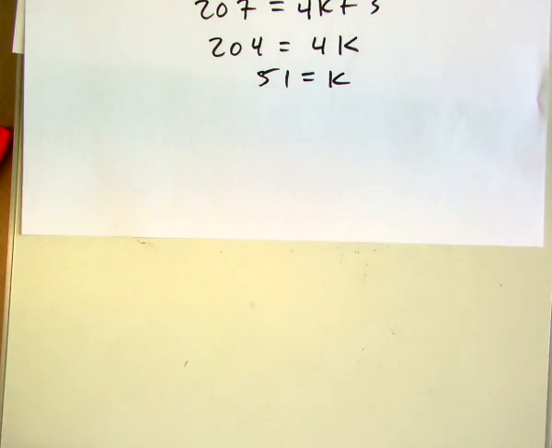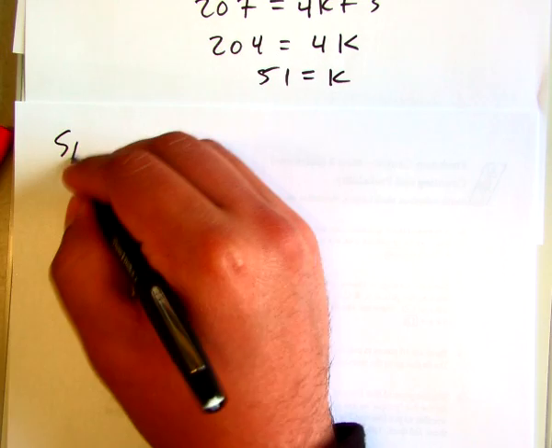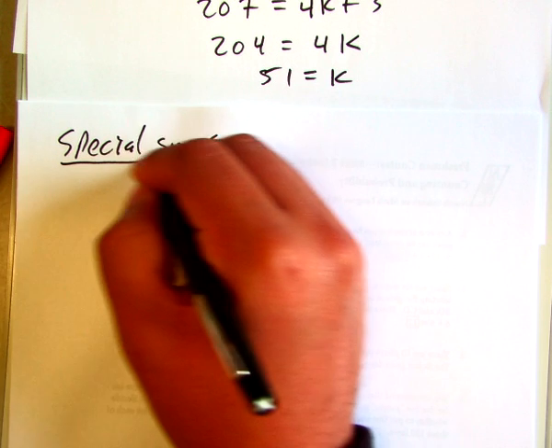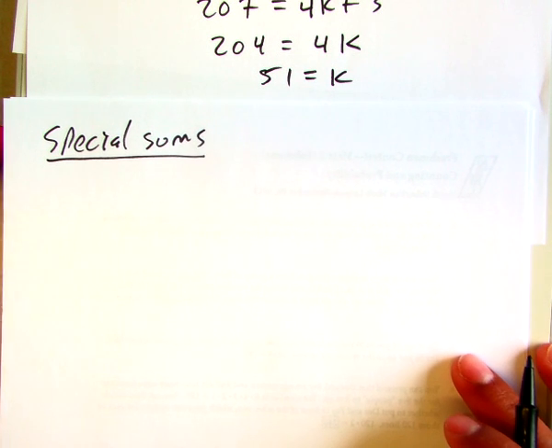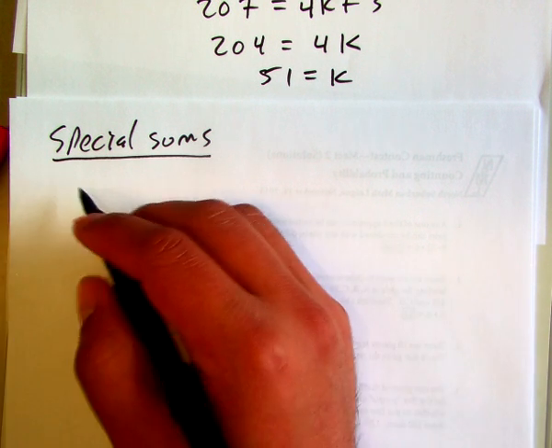I will ask you to learn some special sums, so I'll tell you what those are now. These are ones that are frequently seen in applications and show up pretty frequently, especially in calc and things like that.